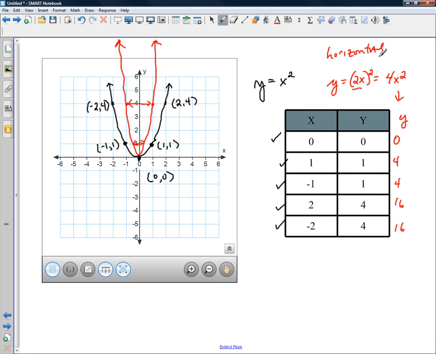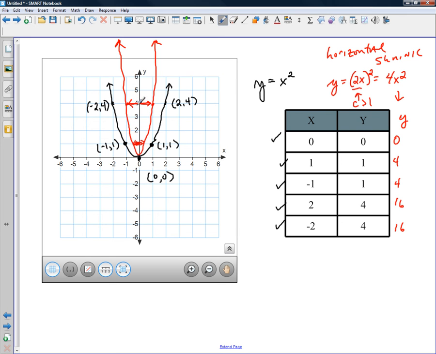shrink. That when this value is greater than 1, when the c value is greater than 1, you'll get a horizontal shrink. And notice that now horizontally, what was the space between negative 1 and 1 has now become this little bit right in here, when it used to be a full 4 units across, between negative 2 and positive 2.